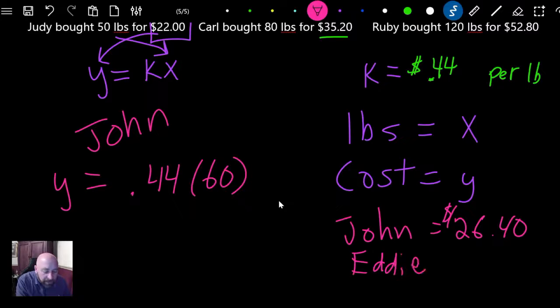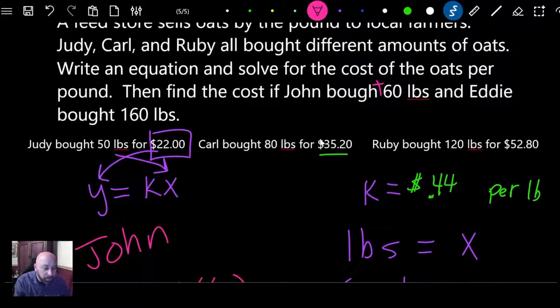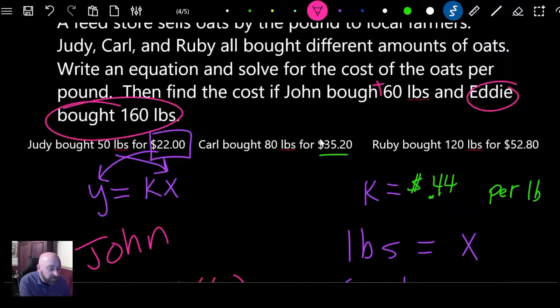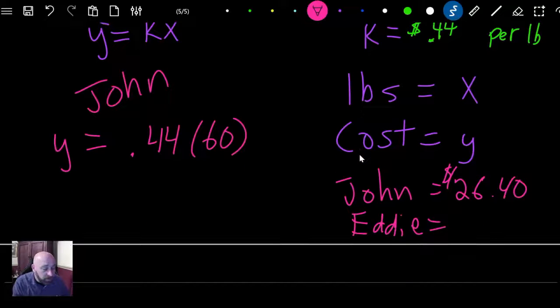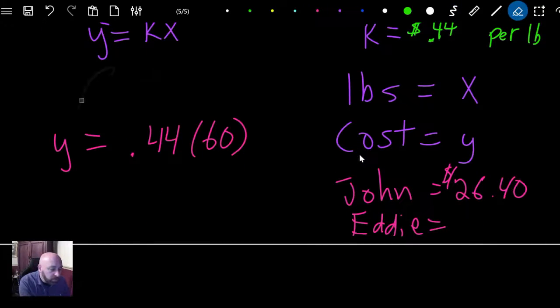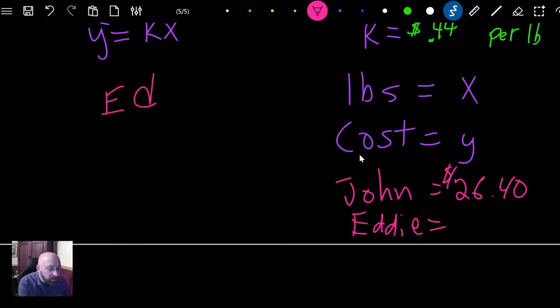And then we need to find Eddie. What did Eddie buy? Here's Eddie, 160 pounds. So now we're going to switch this over to Eddie. Farmer Ed, what did Farmer Ed buy? Good old Farmer Ed's cost is going to equal that 44 cents, right? Because that's the constant. That stays the same throughout the problem.